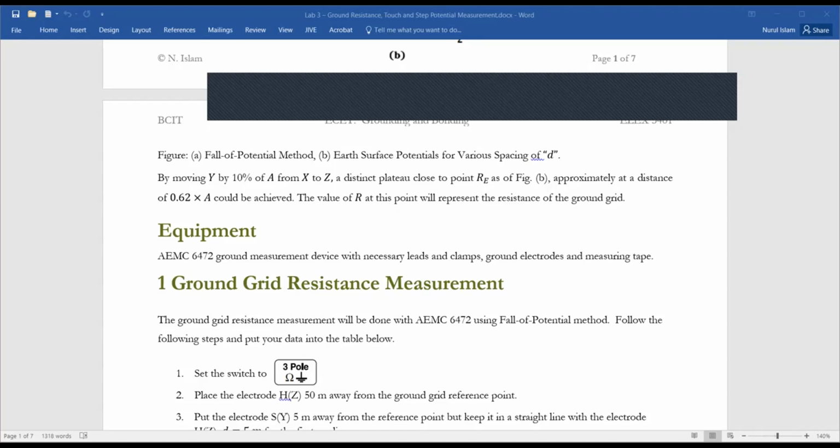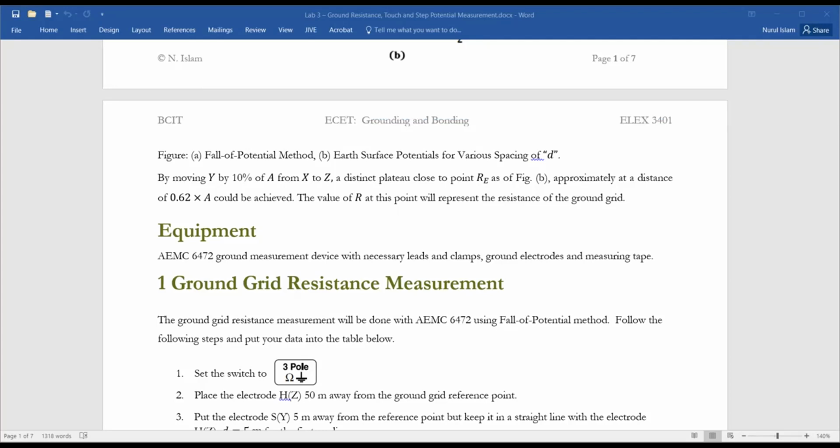Yeah, it does, but there is no guarantee, because manufacturers make shoes and they don't follow any criteria in terms of the resistance of the sole. So when we design a grounding grid, we ignore the resistance provided by the shoe sole.